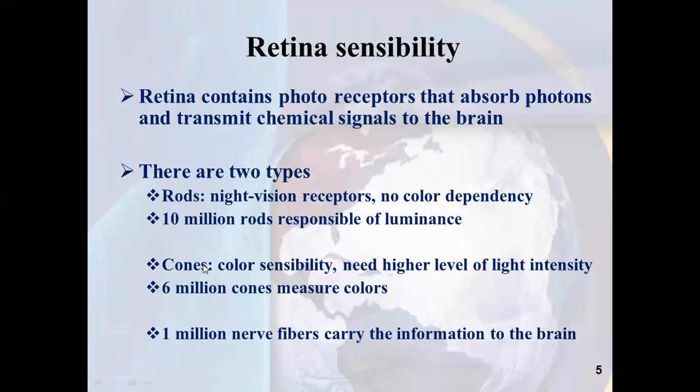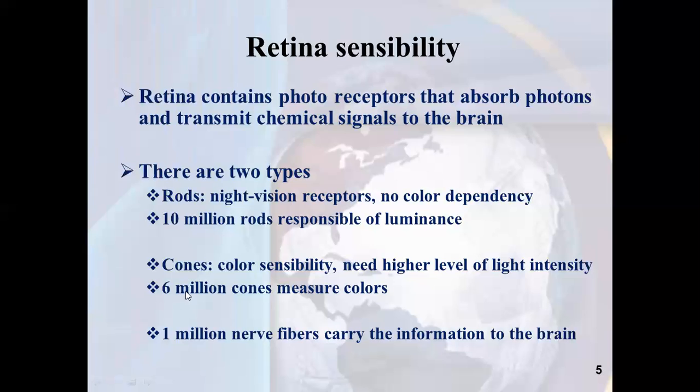Color sensitivity means that I can differentiate between the different colors: red, green, blue, orange, violet, etc. The cones need a higher level of light intensity, because when the intensity of light is increased, I can differentiate or recognize more colors.